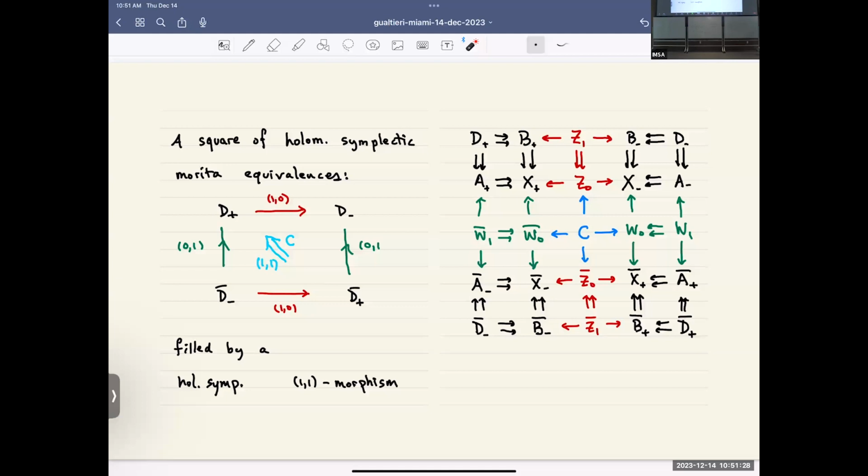And that contraction is represented by a space, C. That C is a holomorphic symplectic manifold. Okay, it's not a groupoid or anything, it's just a holomorphic symplectic manifold. And it's equipped with maps to the bases of these groupoids, 4 of them like this.